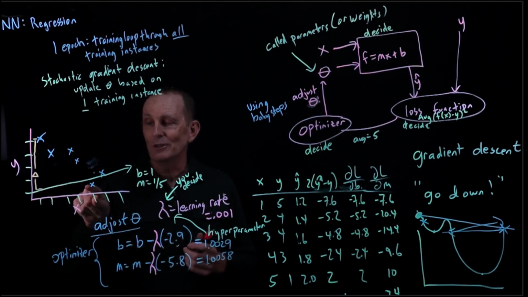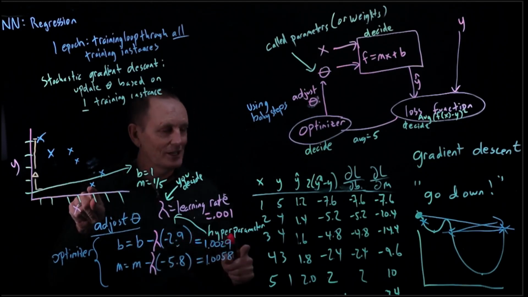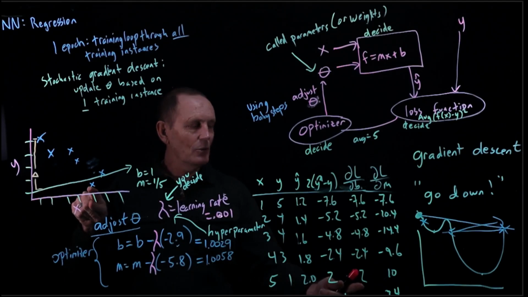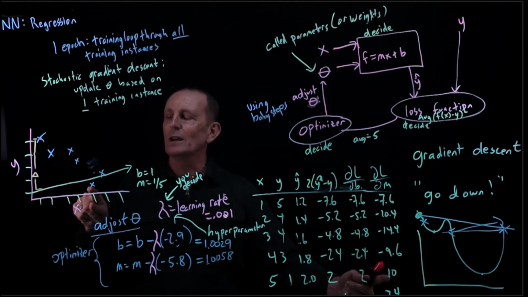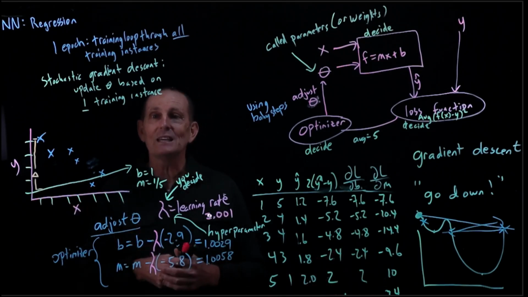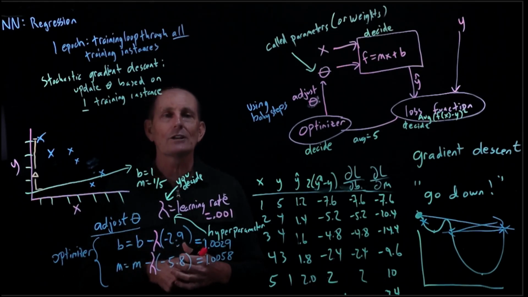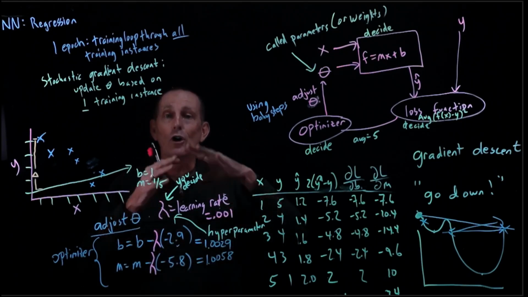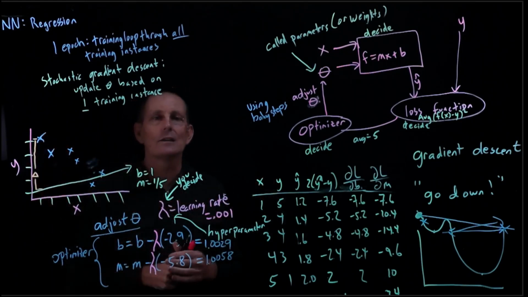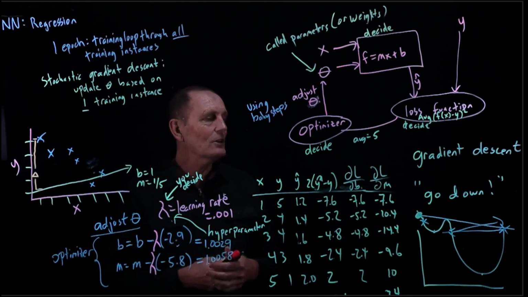Now, one thing to note, if we hit this training instance is actually going to say, we don't want to increase B, we want to decrease B. We don't want to increase M, we want to decrease M. So sometimes we're going to be going in the wrong direction compared to the overall direction, looking at the entire loss, would tell us to go through. But that's okay.